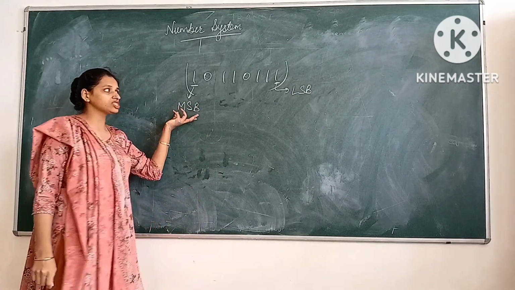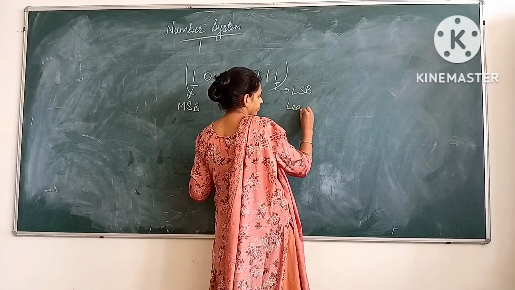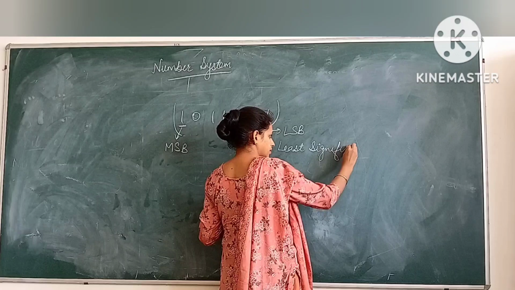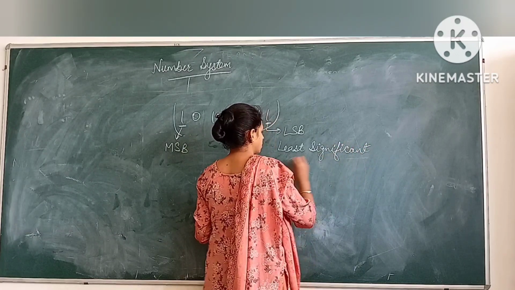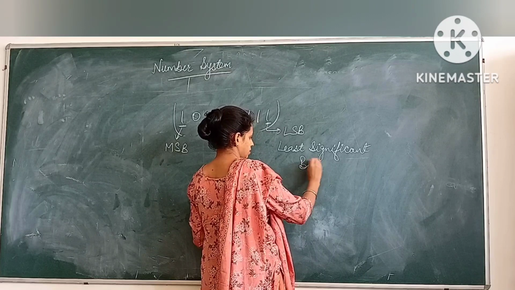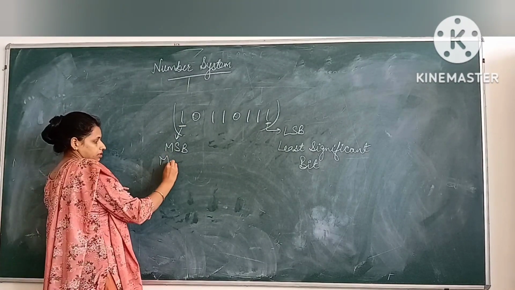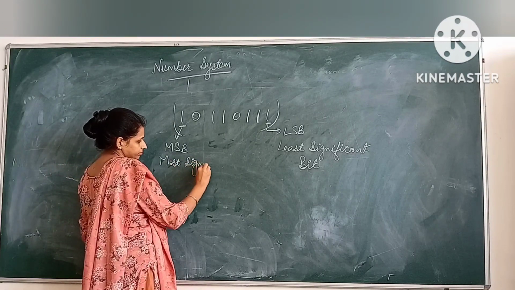Now what is this MSB and what is this LSB? LSB is least significant bit, and MSB is most significant bit.